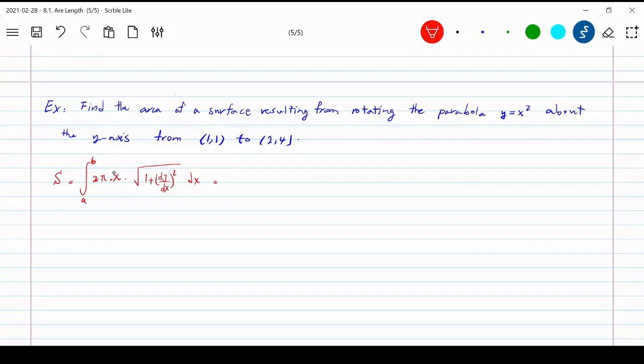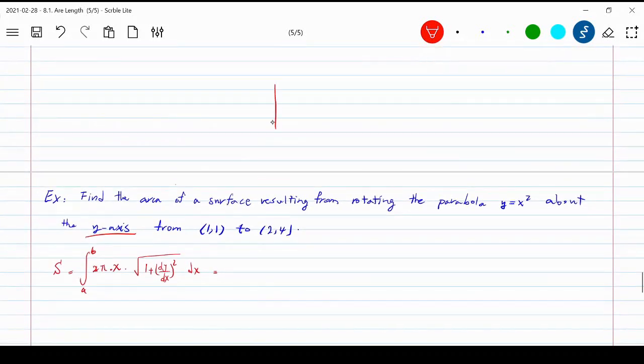And again, we change this y to x just because the rotation is about the y-axis. If you rotate the curve about the y-axis, this radius is depending on x, not y. If you rotate it around the x-axis, this radius r is basically the corresponding y value. That's the difference between rotation about the x and y-axis.